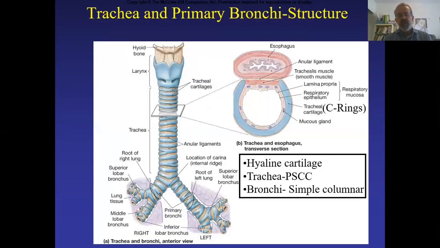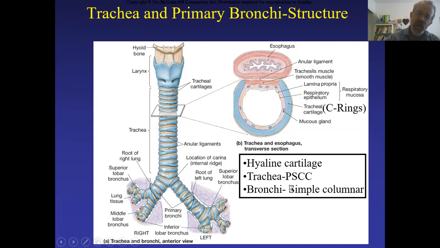All right. So going along with the conducting zone, let's take a look at the general histology of the trachea and the primary bronchi. If we were to slice through the trachea, one of the things that you would notice is essentially the epithelium. If you remember the lining epithelium of any cavity, right?